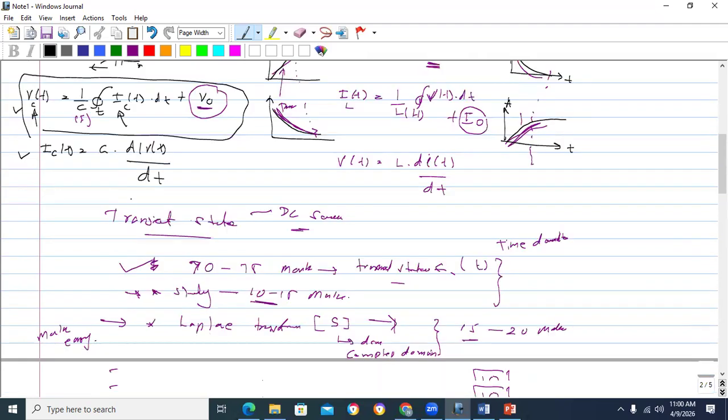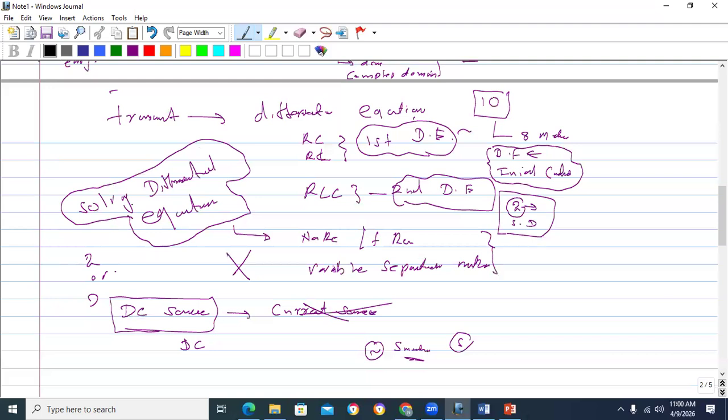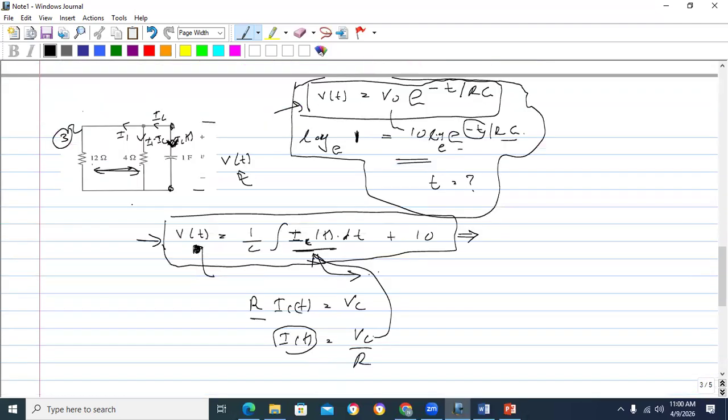So this plus IC means it is flowing to the capacitor, but it is actually flowing from the capacitor. So now the current is flowing actually this side, so it is minus. So here this should be minus.